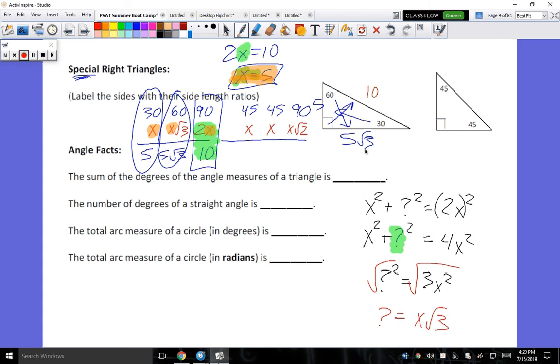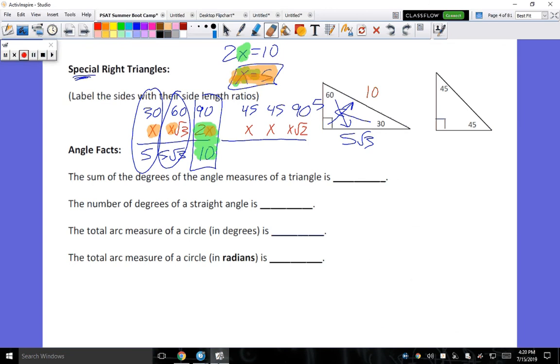Let me give you a little bit of a difficult one with the 45, 45, 90. What if the hypotenuse on this guy was also 10? On this table, where does the 10 go? X root 2, right? So x root 2, we're going to set those two equal to each other because that's what we're trying to solve for.